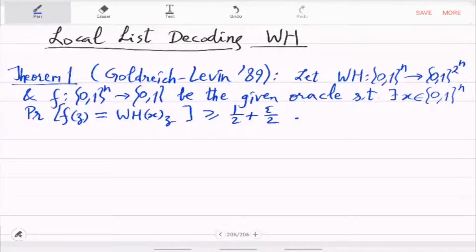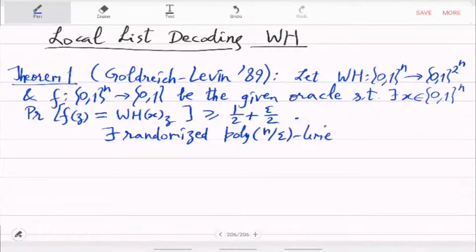Now there exists a polynomial time algorithm, polynomial in n by epsilon time, to find the list.